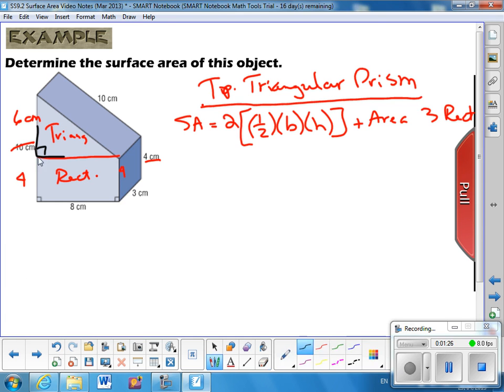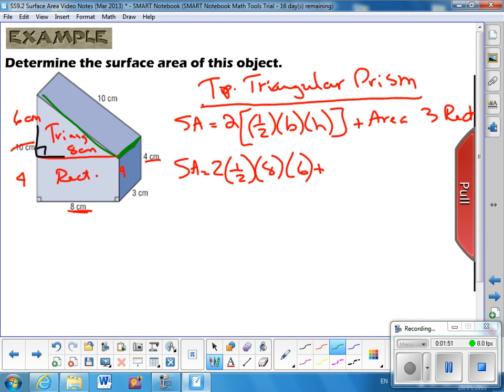Okay? So we would have surface area equals 2 times 1/2 times the base. Well, the base is 8 centimeters here, so it would be 8 centimeters times the height of 6, plus you have 3 separate rectangles. Okay? And a rectangle is going to be 3 centimeters wide by the length of one of the sides of the triangle.